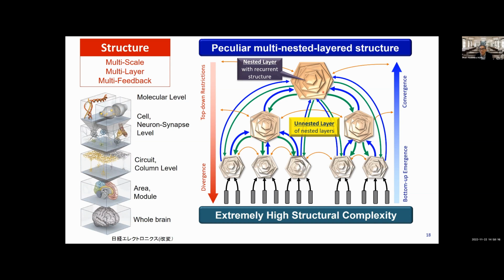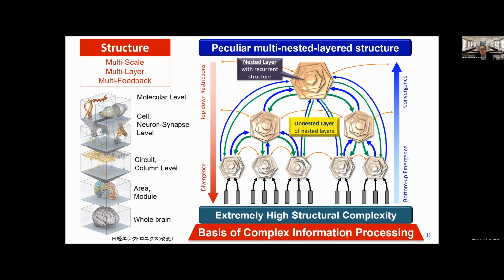Actually, it is a layer structure, but each element is a nested layer. Compared to some random structure or regular structure, this is very complex. And so this will give the basis of complex information processing. So if you think about the complex information processing in the brain, we have to think about this kind of complex structure.